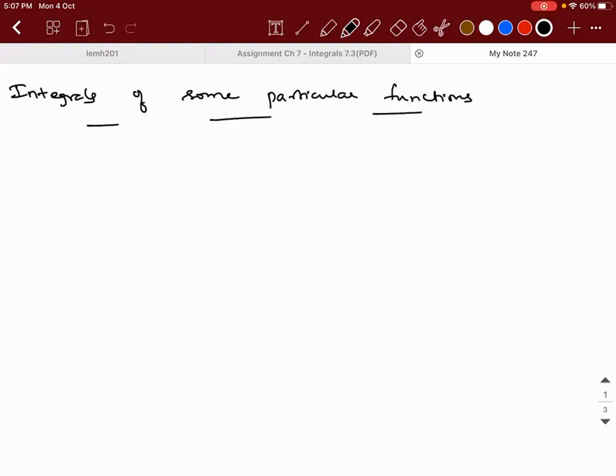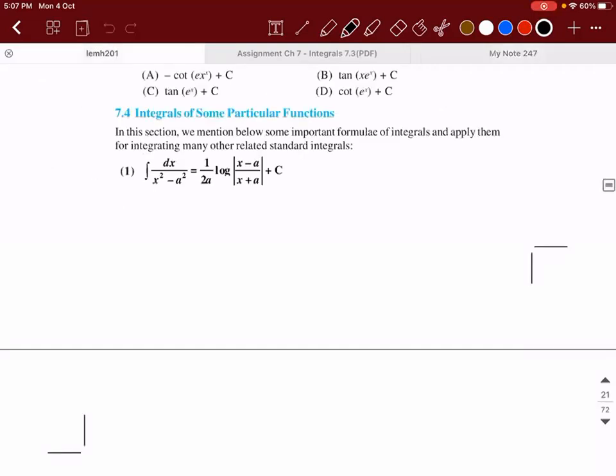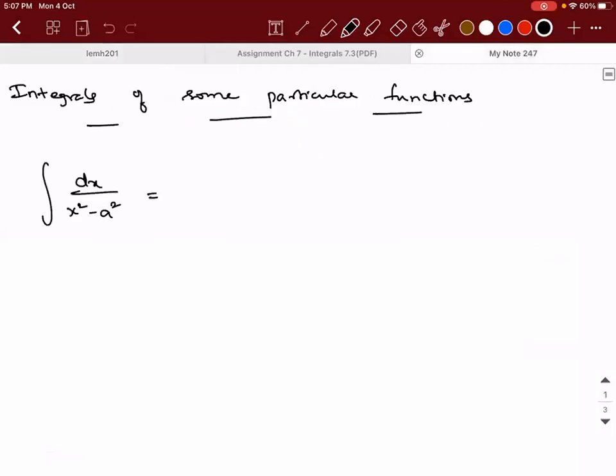Okay. Integral of dx divided by x square minus a square is equal to 1 by 2a into log of mod x minus a by x plus a plus c. Okay. So you have to remember this formula.